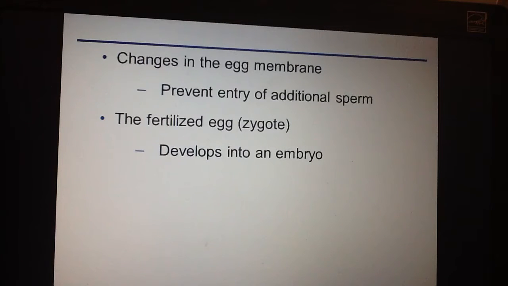As soon as this binding between sperm and egg receptors on the membranes occurs, the egg's properties change, and it prevents any other sperm from getting into that egg. The one sperm that did join and fertilize then allows the zygote or the embryo to develop.